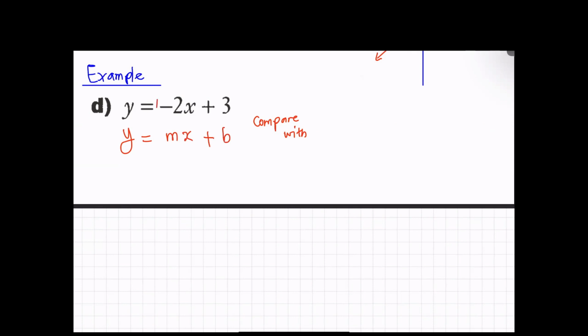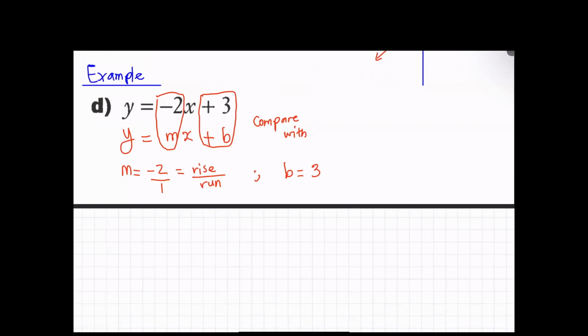Once you compare, you can see without any doubt that your m is -2 and your b is 3. So your m in this case is -2, which is equal to your rise over run. So this means that your run is 1 and your b in this case is 3.